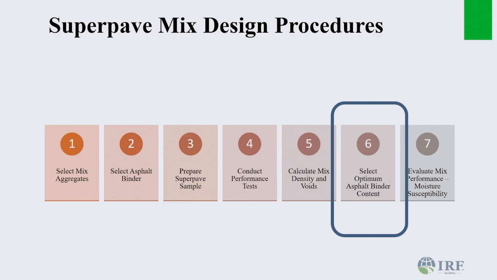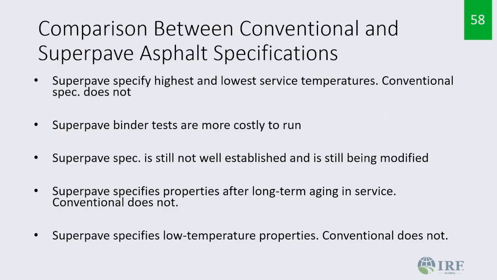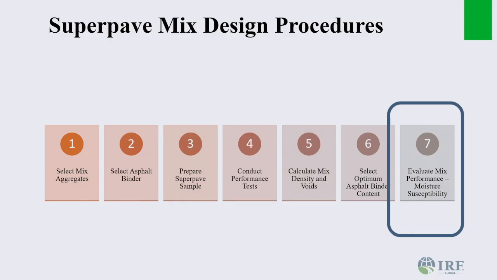So that is the next stage in selecting the optimal, and then you now deal with the performance evaluation, moisture susceptibility, and the test that you do on Marshall. So in summary, these are the procedures that you use in SuperPave.